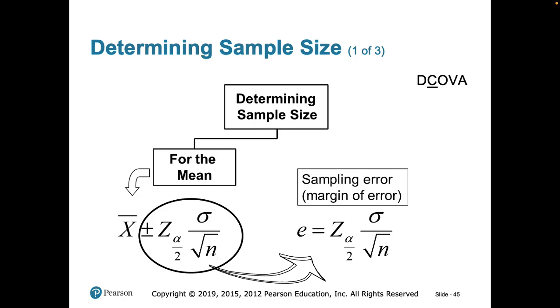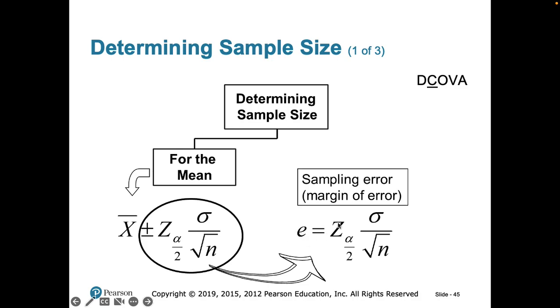So how do you determine the sample size? How do you know you need 100 people, like in the prior example, to get a good confidence interval? For the mean, you have the formula, and here is your sample size, and here is your sampling error. It is the same thing right here.